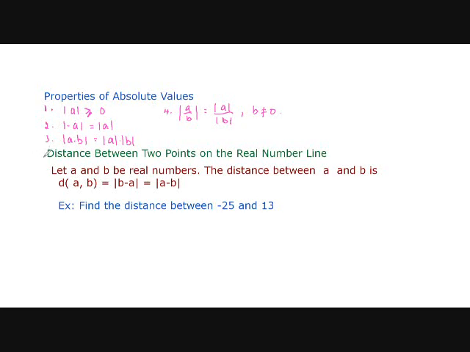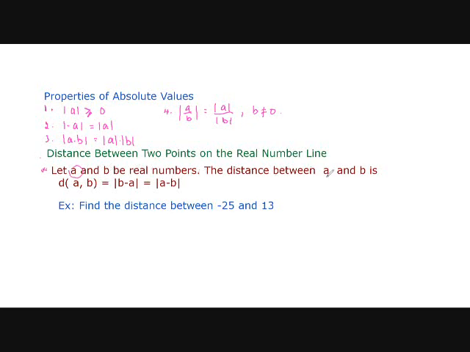These are the 4 properties of absolute values. The next thing we're going to see is how to find the distance between 2 points on the real number line. The definition of the distance between 2 points on the real number line is right here. Let A and B be real numbers.